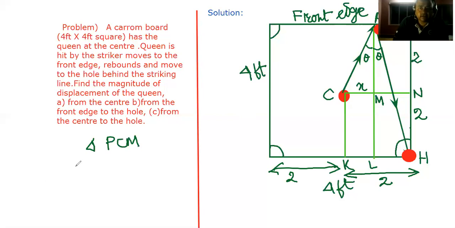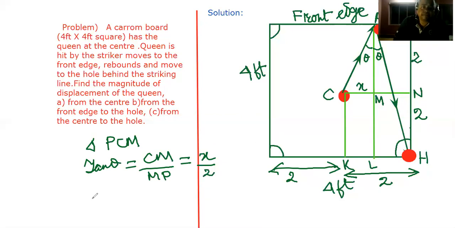Can I say that tan theta is equal to CM divided by MP? CM is X and PM is 2, because PM is half of the side of the square.